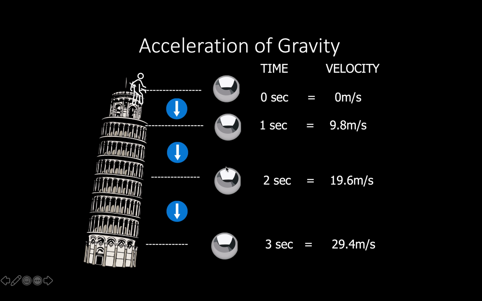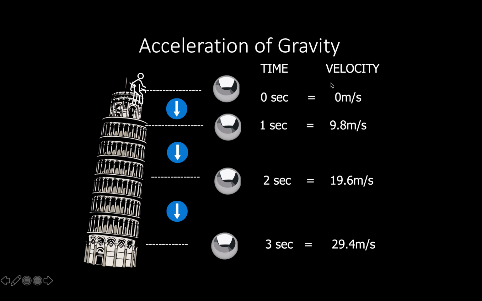Then at 3 seconds, if it continues to fall, if it's a really tall tower, right as it's about to hit the floor, it's clocked at 29.4 meters per second. And again, how did I get to that number? I simply put 19.6 plus 9.8. Okay, when we teach this to kids in middle school or high school, sometimes they'll just round to 10. But again, we're all college students, so we're going to use the correct number, 9.8.